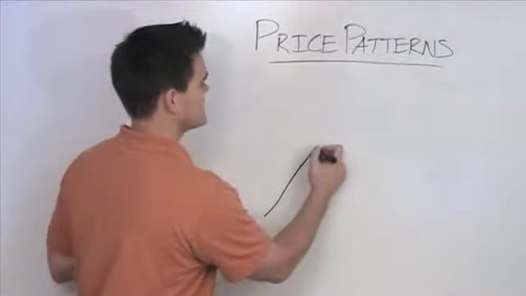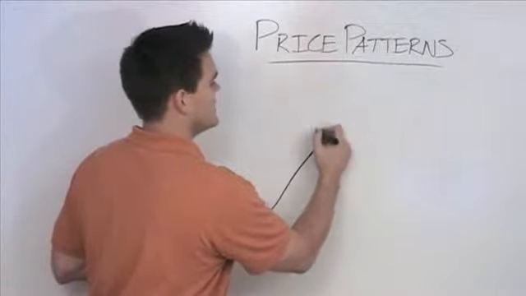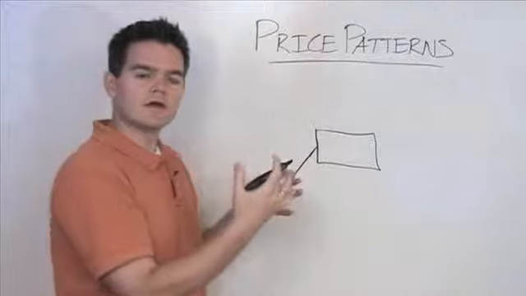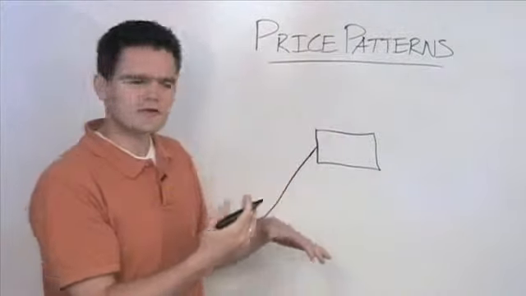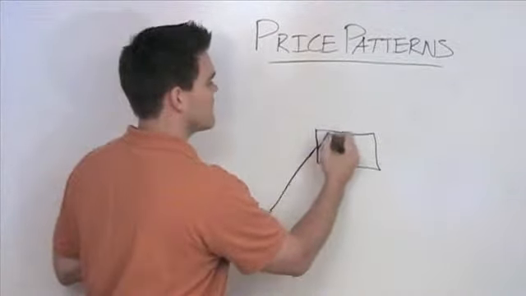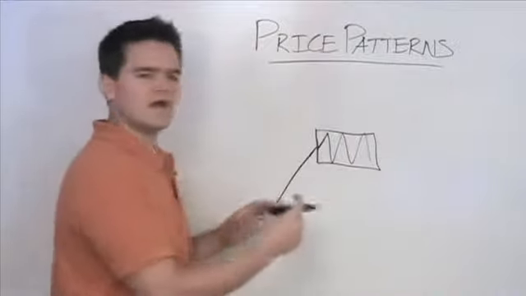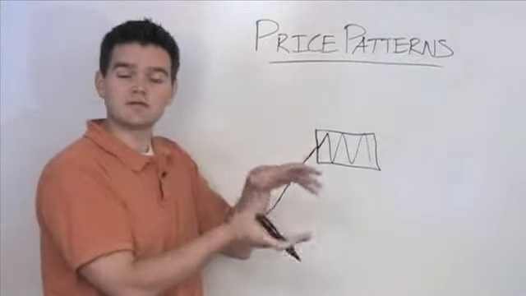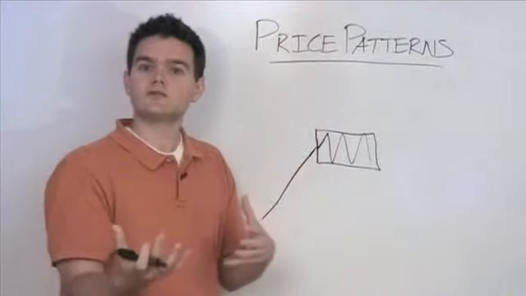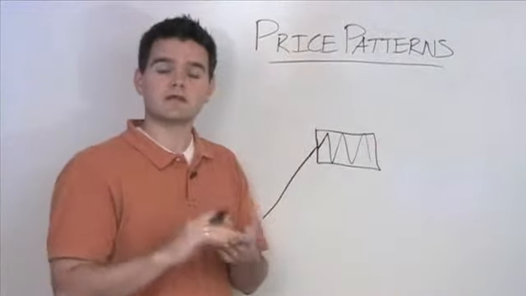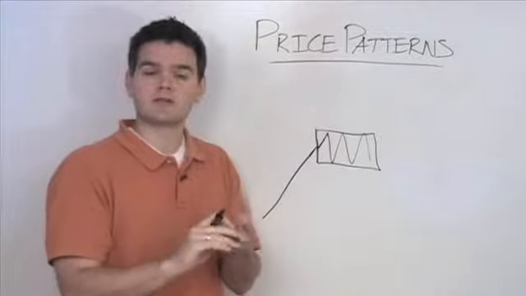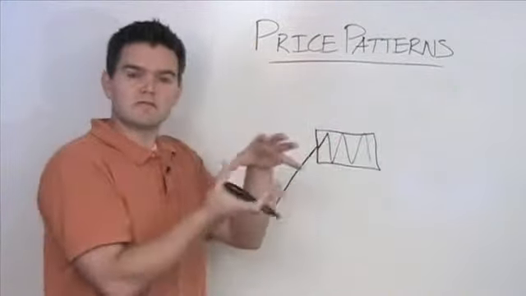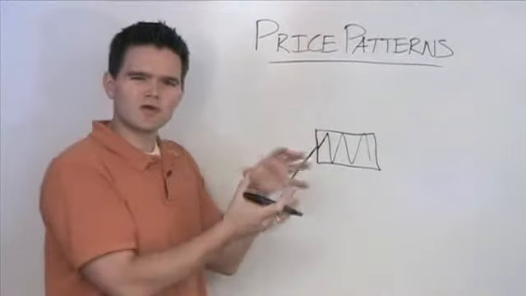So the security is trending upward, you get some sort of consolidation period where it's not trending upward, it's not trending downward, it's just kind of going back and forth in this range. Now that consolidation period can have different shapes, and we'll get into more of those as we talk about continuation patterns and reversal patterns specifically, but really there's no real trend.